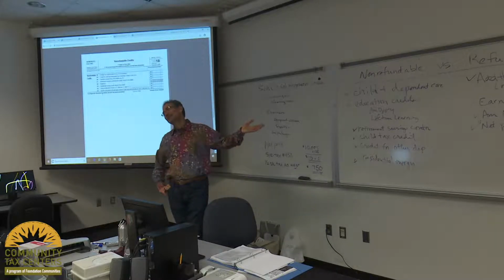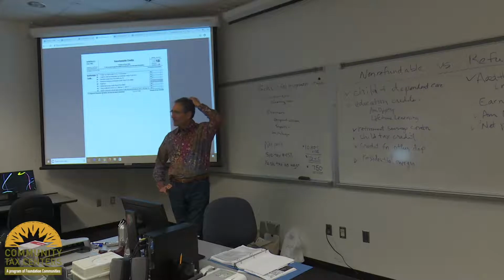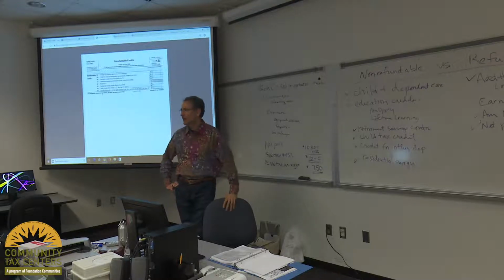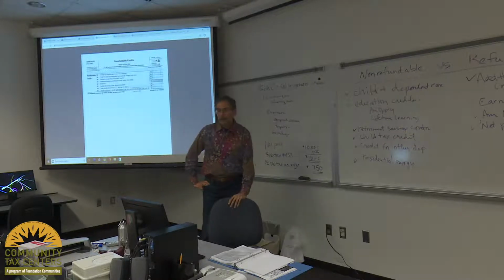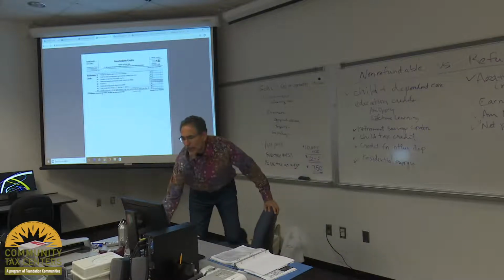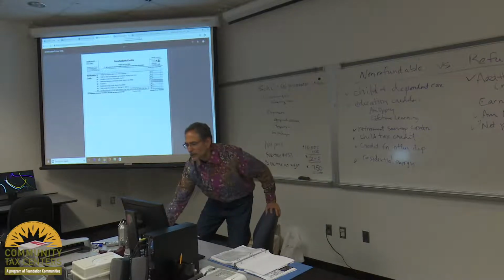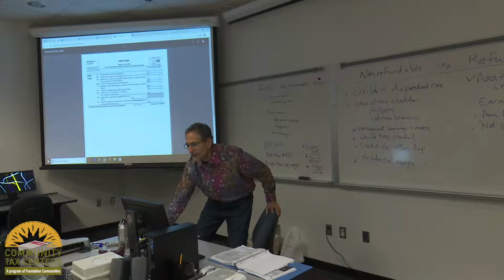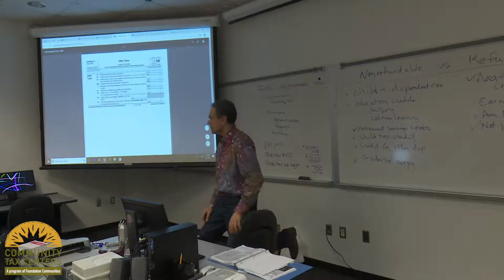Anyway, any questions on health care, Affordable Care Act, or any of the credits? All right. Okay, so the last topic I want to cover with y'all, and then we're going to do the big wrap up on the 1040, is our other taxes.